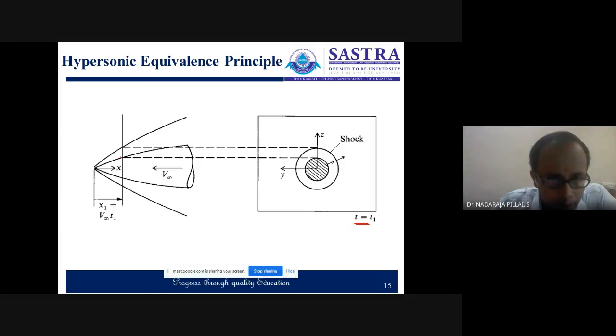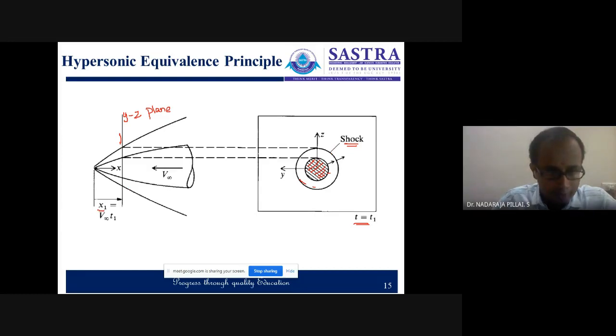Now the slender body penetrates into the YZ plane. Now when you take this particular plane, you can see this particular region is actually the body, right? And the one which is around is the shock wave, right? So we can represent this in this way.